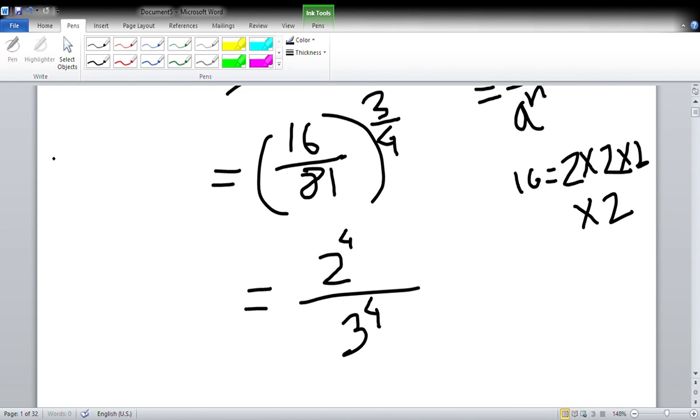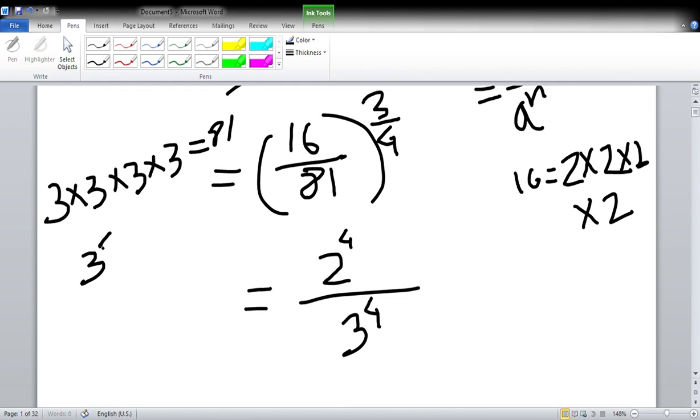If you multiply 3 by 3 is 9, 9 into 3 is 27, 27 into 3 is equal to 81. So 3 to the power 4. So it becomes 2 to the power 4 by 3 to the power 4, to the power 3 by 4.